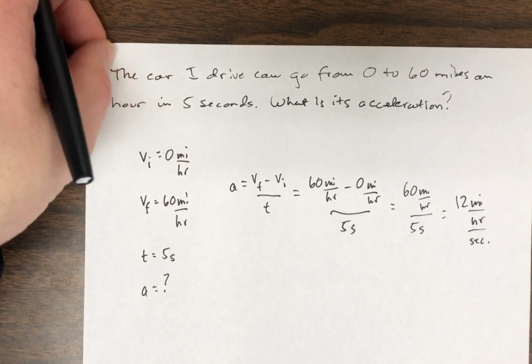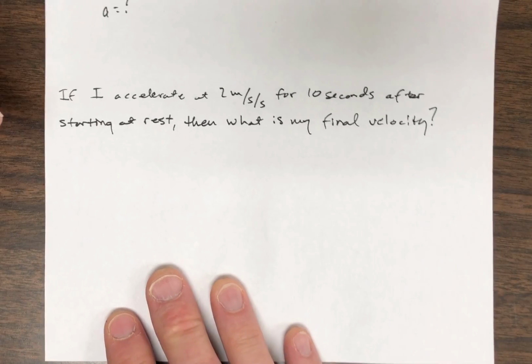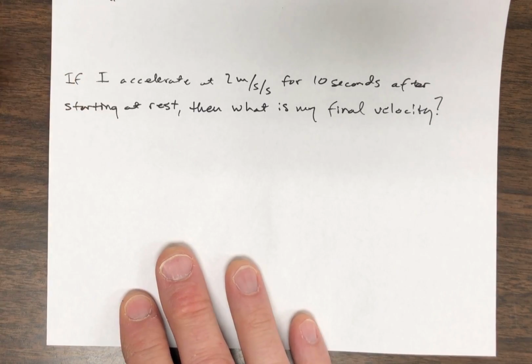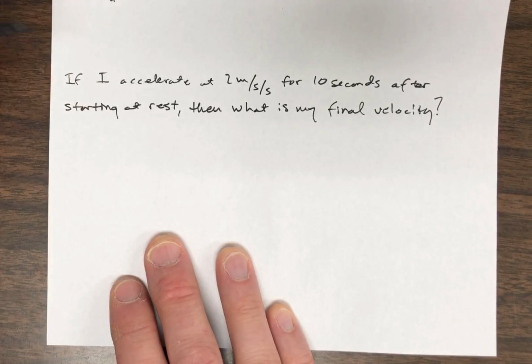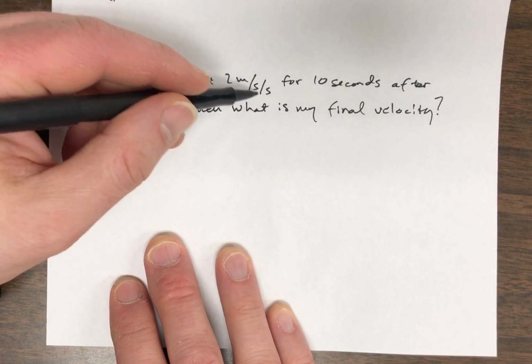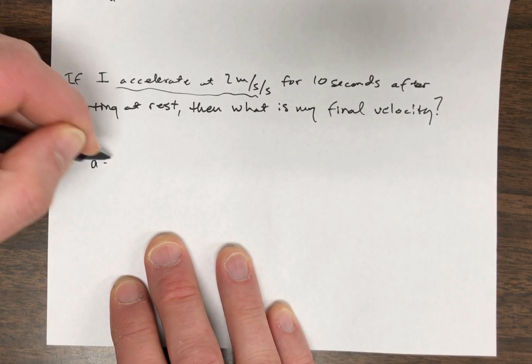All right, one more. Last question here. This is more of a tricky or challenge problem. If I accelerate at 2 meters per second for 10 seconds after starting at rest, then what is my final velocity? So what do I have? It says that I accelerate at 2 meters per second, so that's obviously an acceleration.